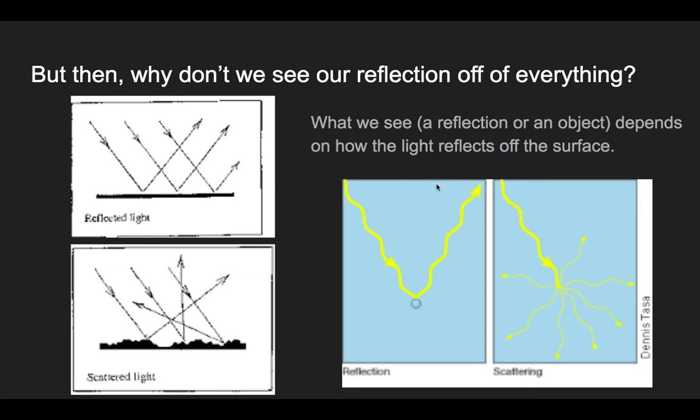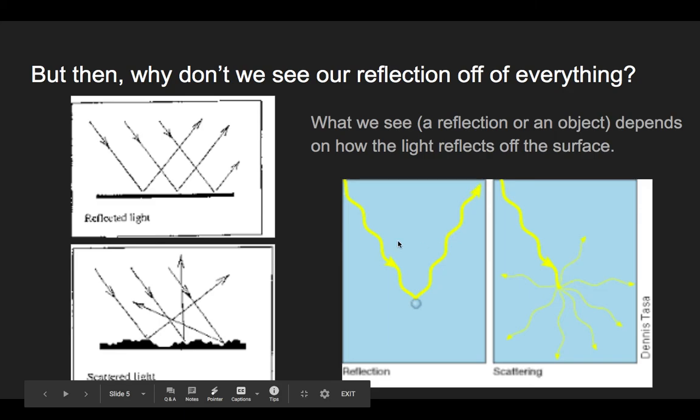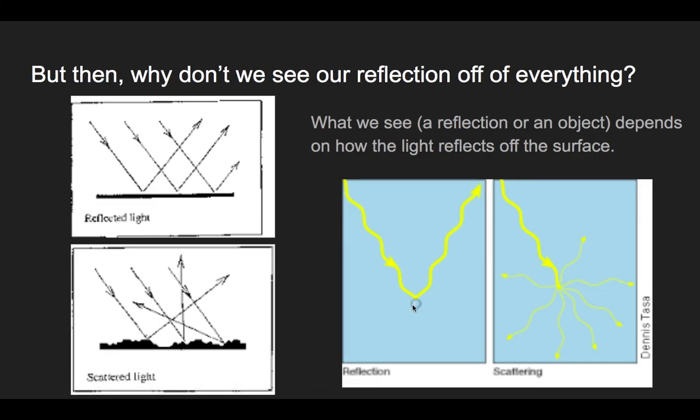Okay. Now, if you're doing this off of a surface, this is another image where the light ray comes in, hits the thing, and then bounces off. And so if you're over here, you can see that there was light at this point. Whereas if light hits a surface that is not smooth, it hits it and scatters in all directions.